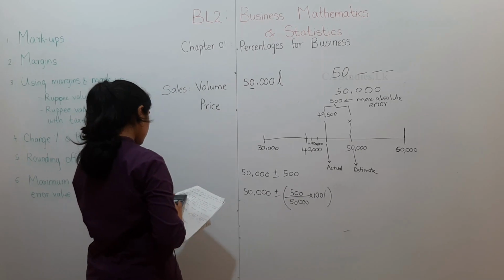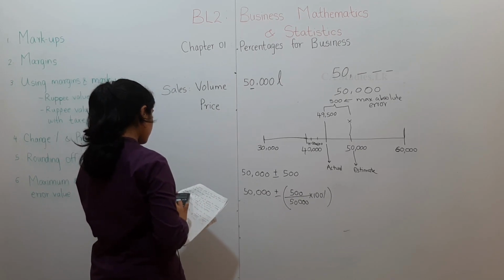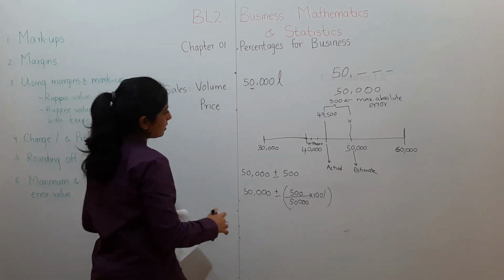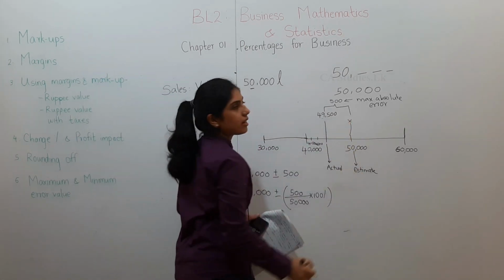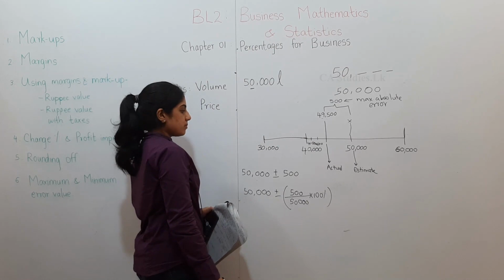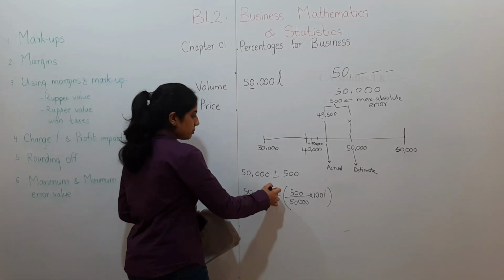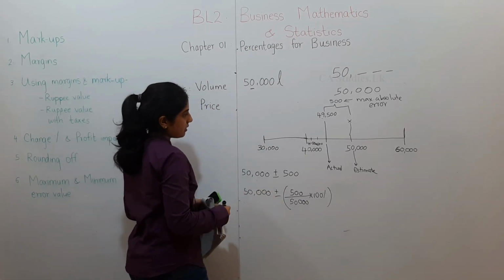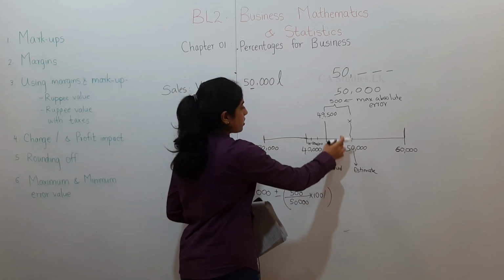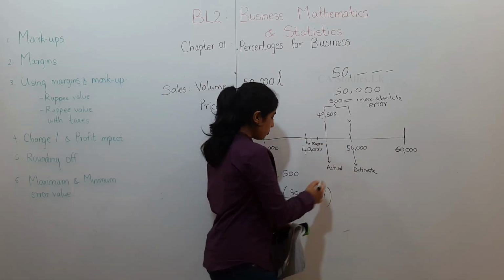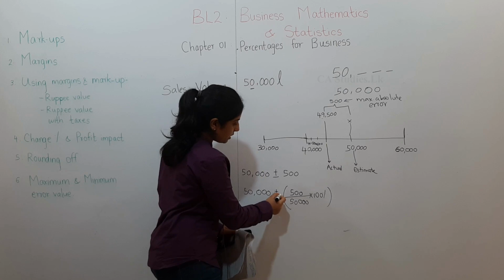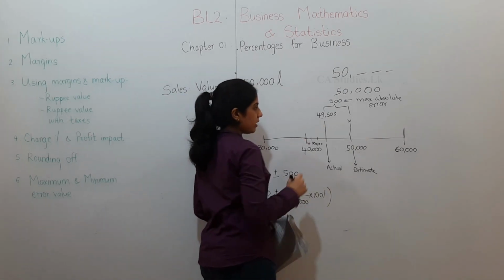So 50,000 into 0.01 plus 50,000 is 50,500 and the minus is 49,500. Right, if you calculate plus or minus, you will get the actual. Actually, if you go through the minus part only, you will get your 49,500 actual.